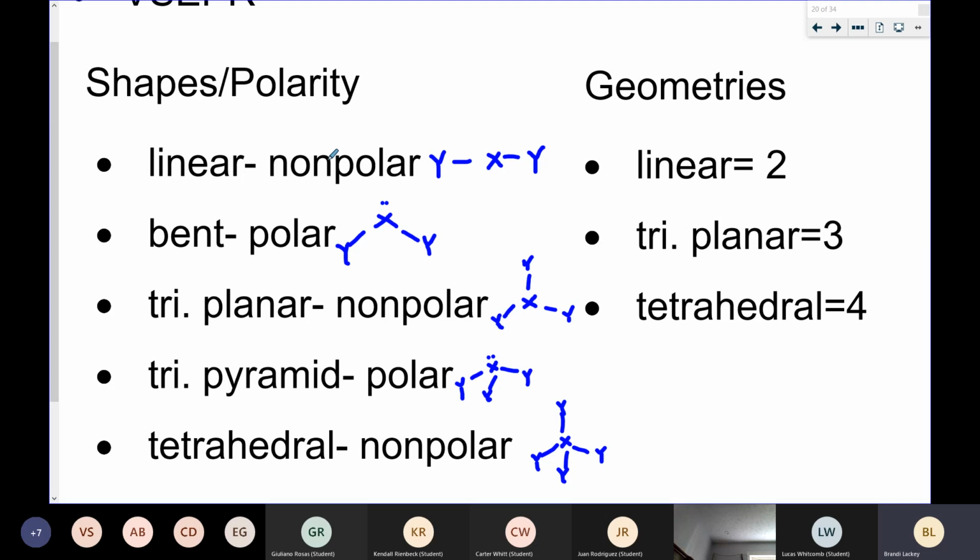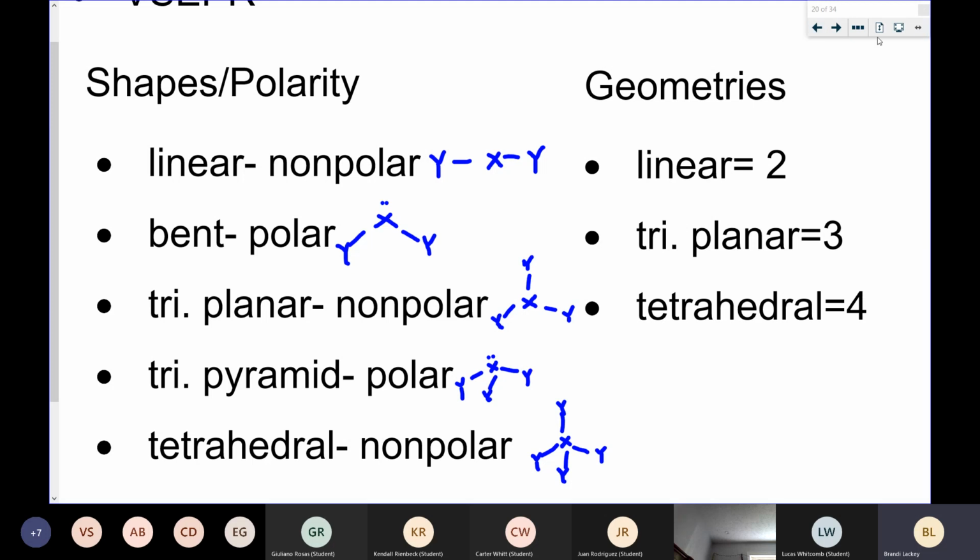With VSEPR, we also looked at those molecular geometries. So this looked at how many total electron groups were around the center atom: how many atoms are on the center atom and how many unshared electron pairs around the center atom. So this is how many total groups were around the center.